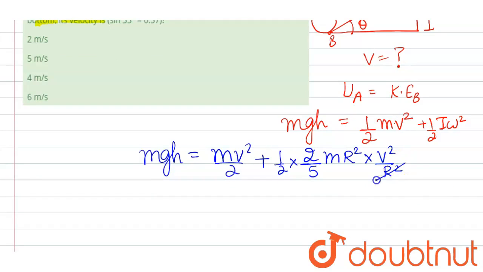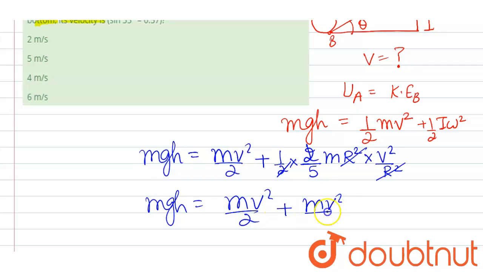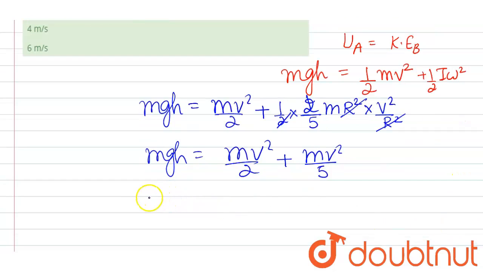So cancelling r square with r square here, 2 with 2 here, what we get, mgh is equals to mv square by 2 plus mv square by 5. Now again solving here, mgh is equals to 7 by 10 mv square.